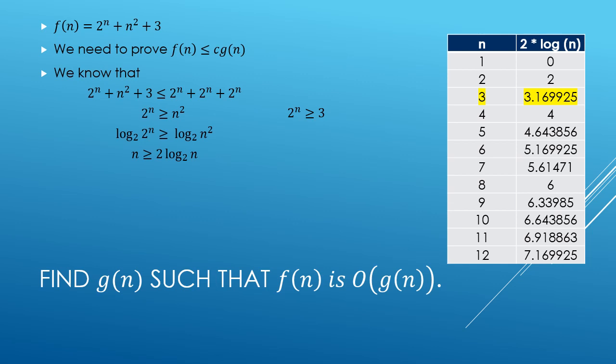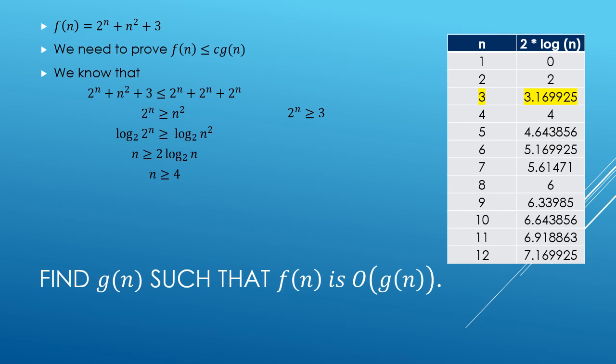You can see that n is greater than or equal to 2 log n for the value of 1 and it is greater than or equal to 2 log n for the value of 2, but it is not greater than or equal to 2 log n for 3. So this means that this relation holds when n is greater than or equal to 4.